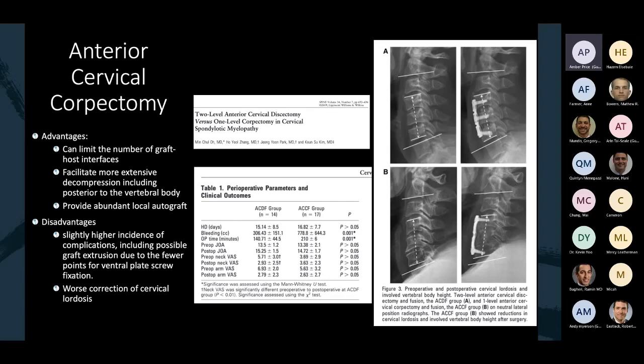However, there is a higher incidence of complications, and I'll show a paper showing that in a second. Including possible graft extrusion due to fewer points for vertebral body fixation with the plate fixation. And these have been found to have worse correction of cervical lordosis when you compare them to multi-level ACDF procedures.